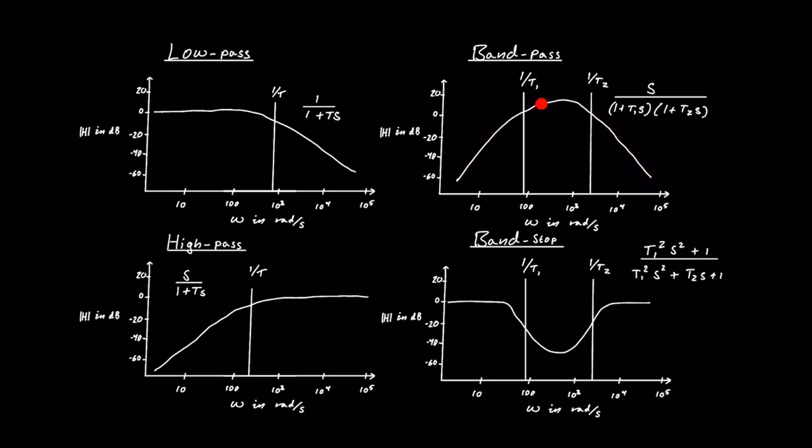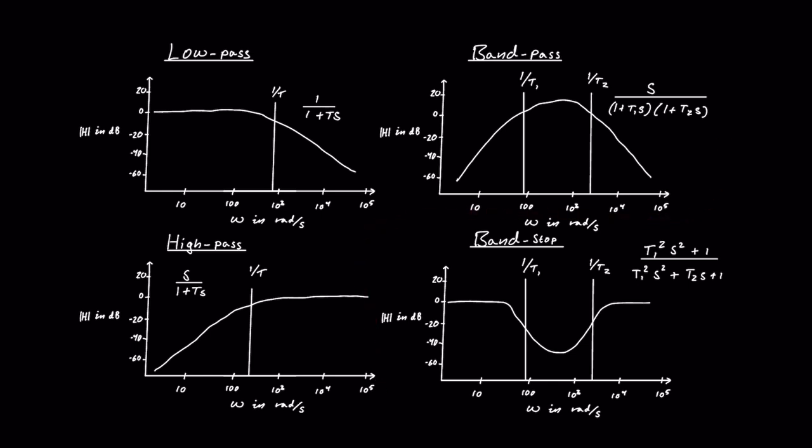So we just want the frequencies in the middle. And a band stop is kind of like the reverse, where we're filtering out a specific range of frequencies. We are not going to look at the band stop filter because it's a bit complicated and it's not the most common filter. So we're going to focus on these three.